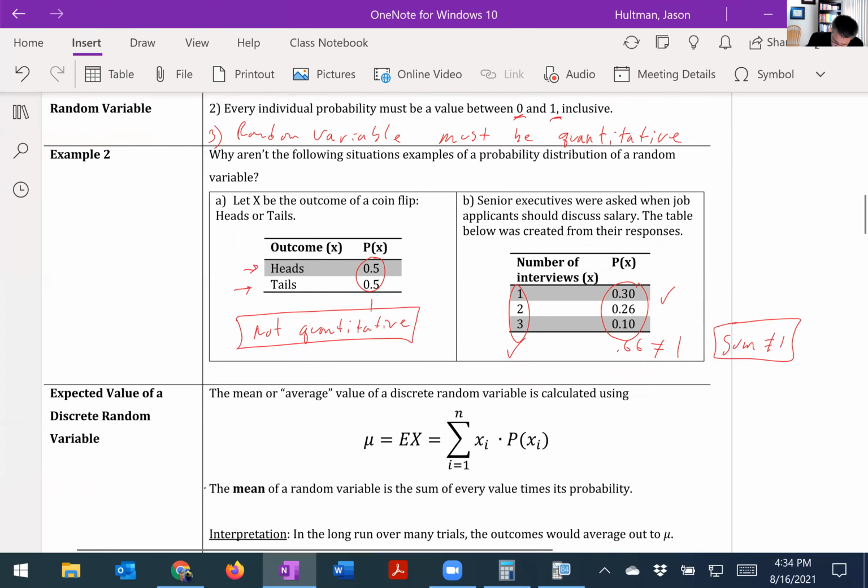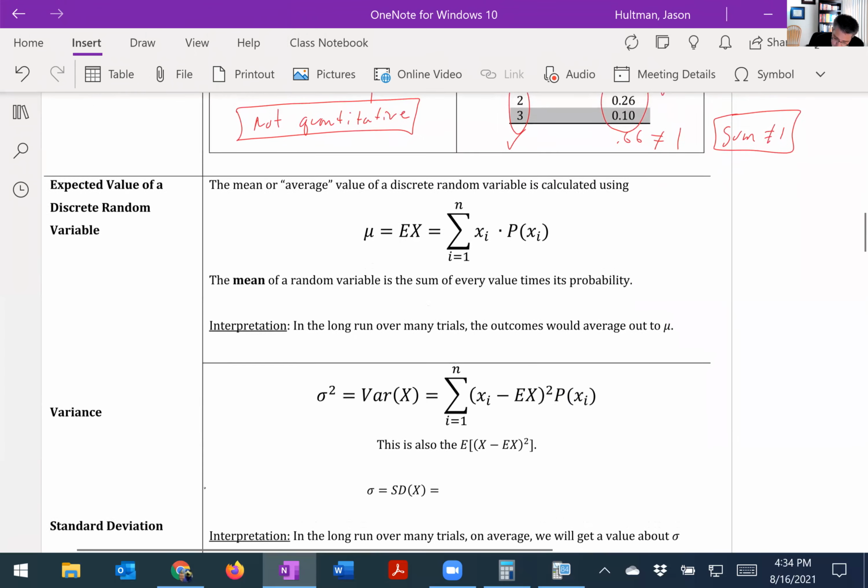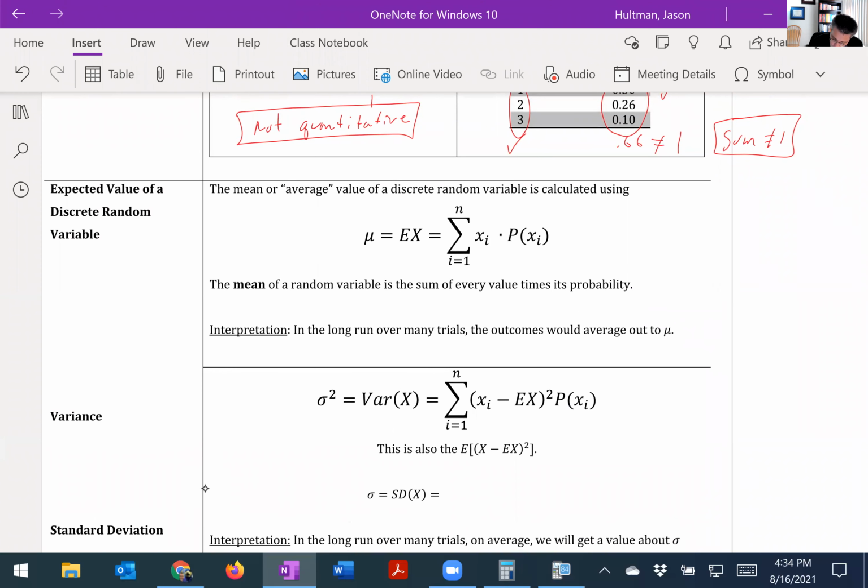Okay, the mean or average value of a discrete random variable is calculated using mu equals E(X). Okay, this is called the expected value. E of X is the expected value.